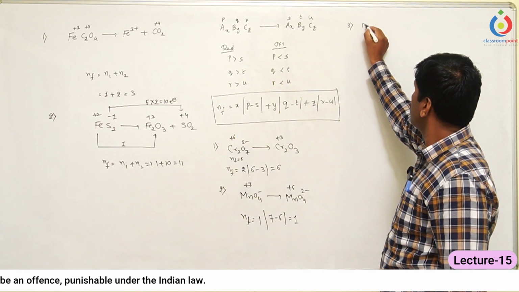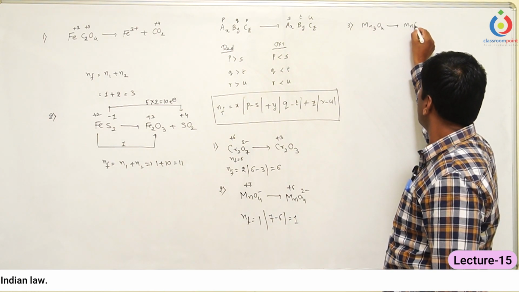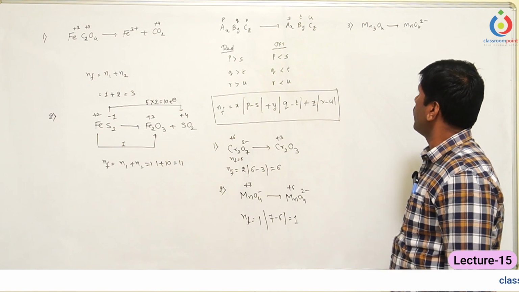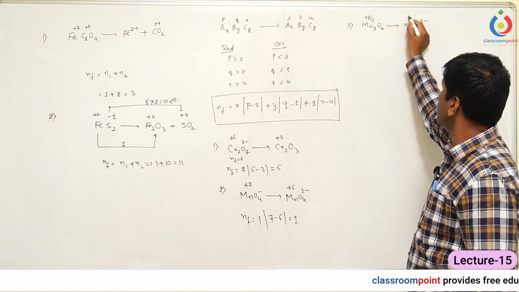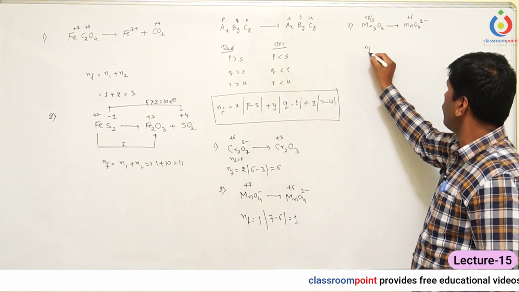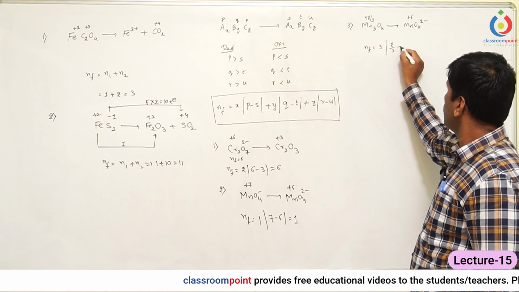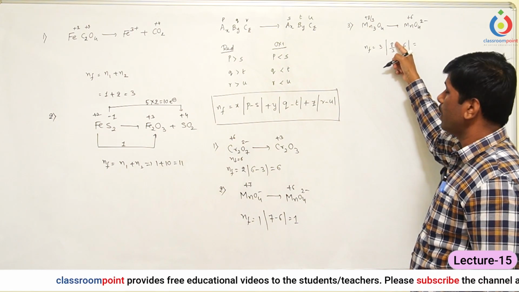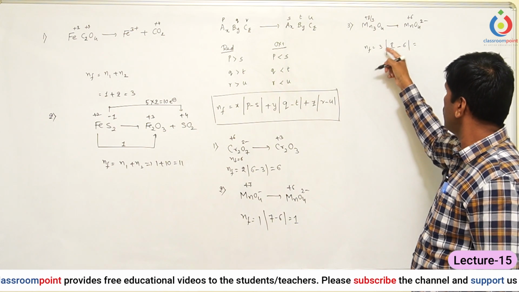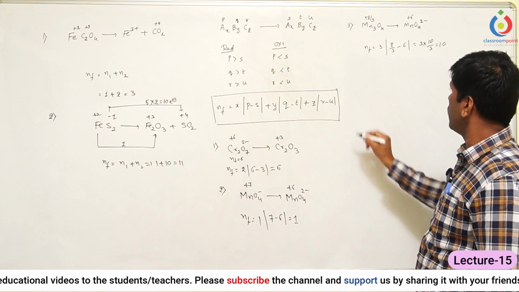Next, Mn3O4 changes to MnO4 2 minus. Here the oxidation state of manganese is 8 by 3. This is equal to +6. So n factor with respect to the reactant: 3 manganese are there, 8 by 3 minus 6, that is 18 minus 8, 10, 10 by 3 into 3. So this value is equal to 10.